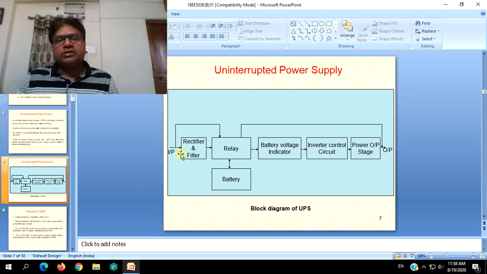And whenever the supply is shut down or turned off for some reason, obviously this relay, which is normally an electromagnetic relay, will lose its electromagnetic energy and it will be closed to open the circuit breaker on this side of the circuit.